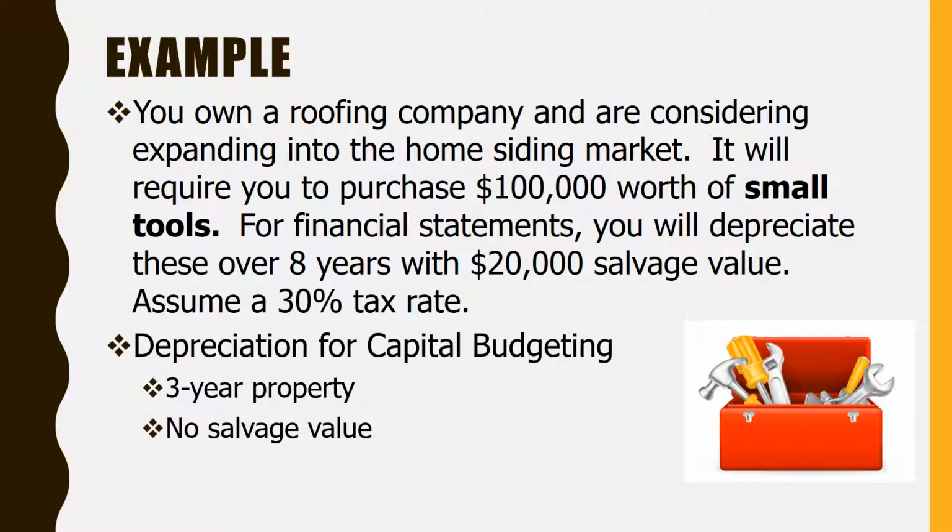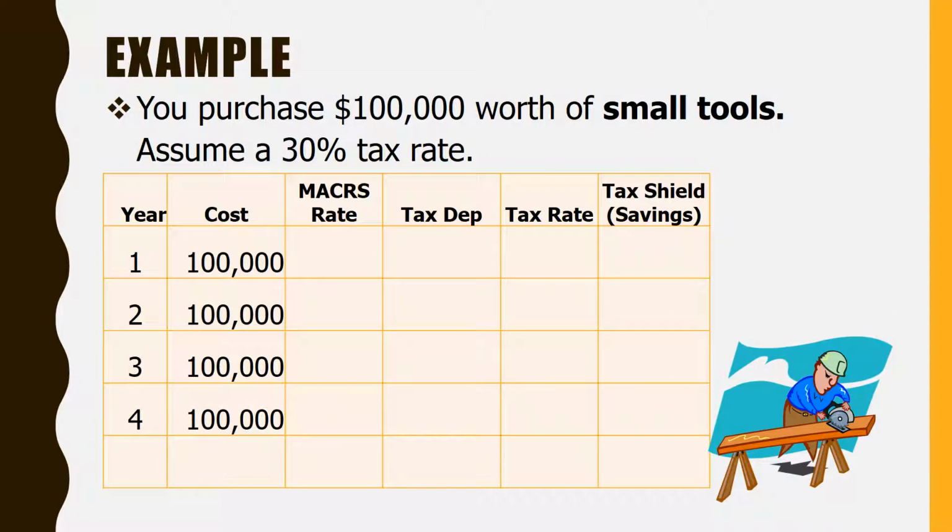So we're going to use the IRS table for 3 years, and anything else in that problem was just there to confuse you. Hopefully it did not. The only information we needed from that prior slide is that you purchased $100,000 worth of small tools. The cost of that was $100,000.